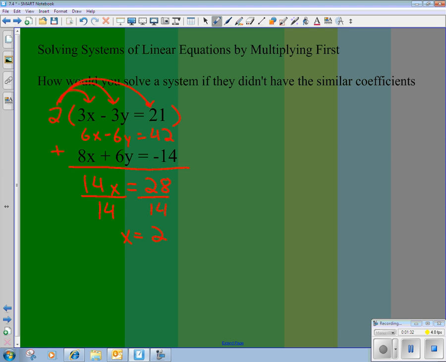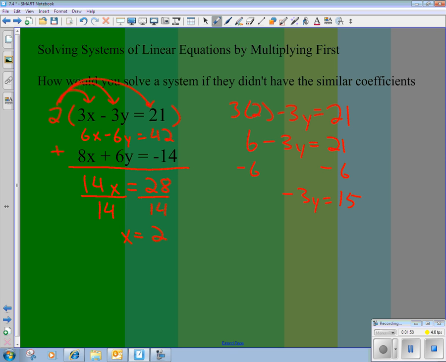From there, keep going like normal. We're going to plug that x back in, so let's put it in the first equation. So 3 times 2 minus 3y equals 21, and we get 6 minus 3y equals 21. We subtract the 6 from both sides, so negative 3y equals 15.